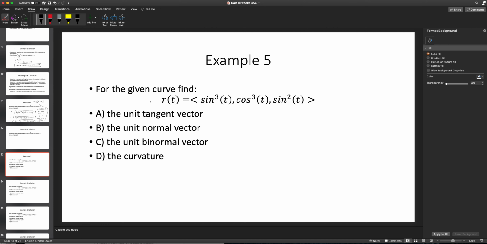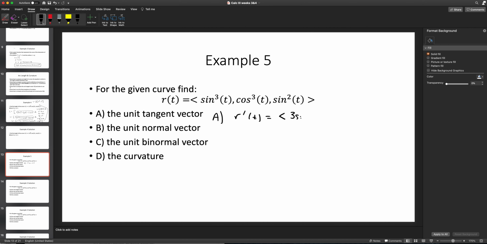So let's try to find A first. One problem might take up a whole slide, so let's go. Let's find r prime of t first. We'll just use the chain rule.